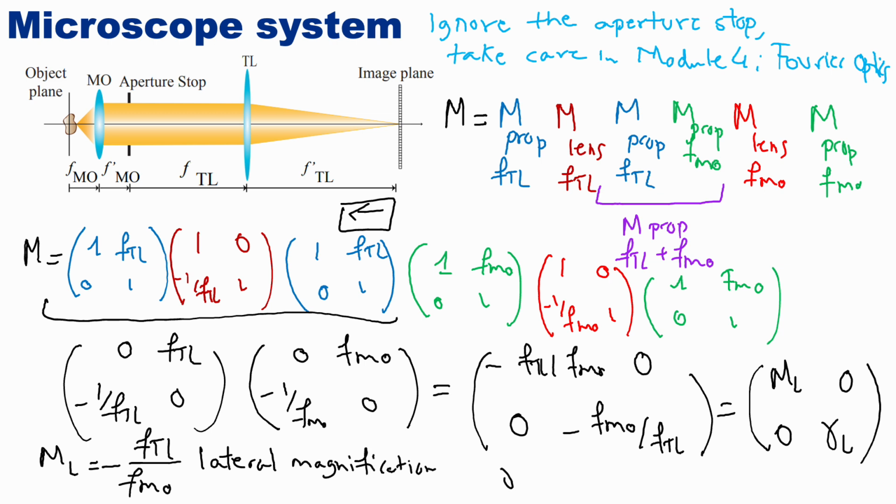And then the angular magnification is just the inverse of the lateral magnification, meaning that if the lateral magnification increases, then the angular magnification decreases. So we're going to have less discrimination. What I want you to see is that C and B are equal to 0.